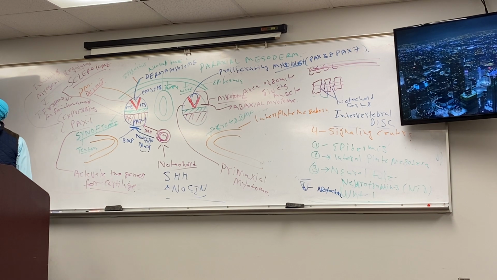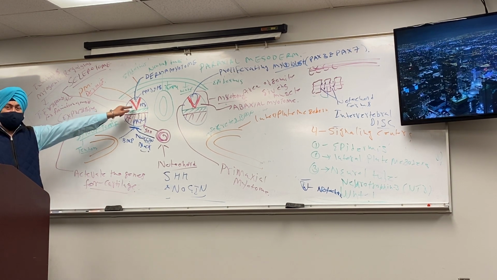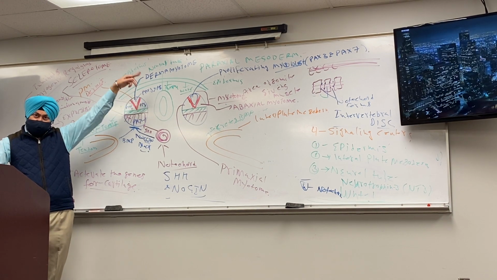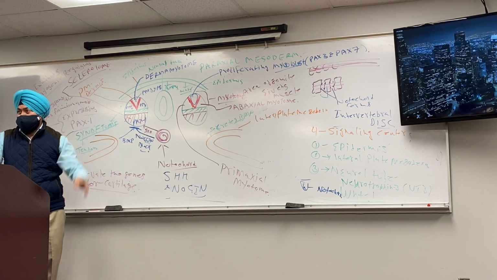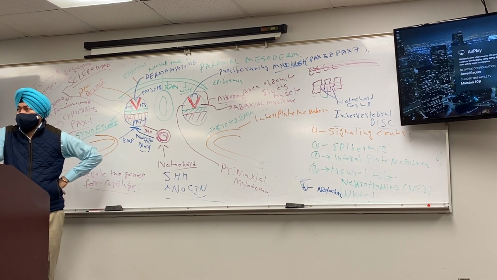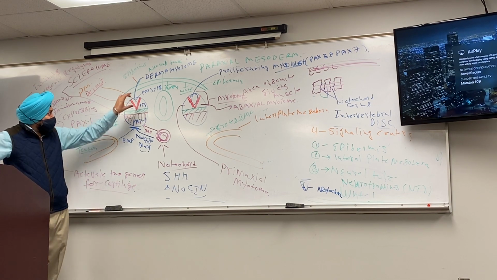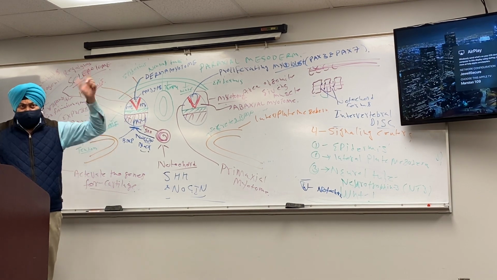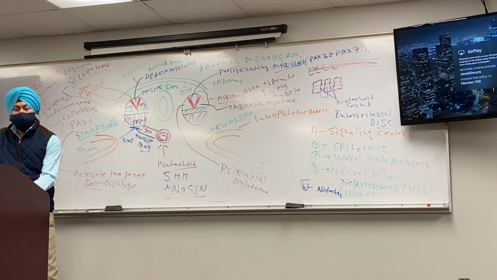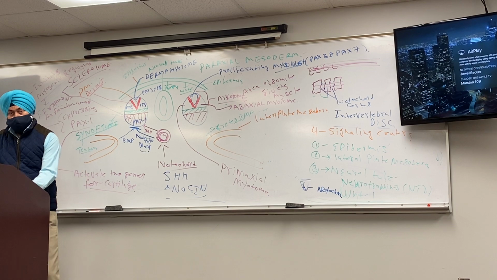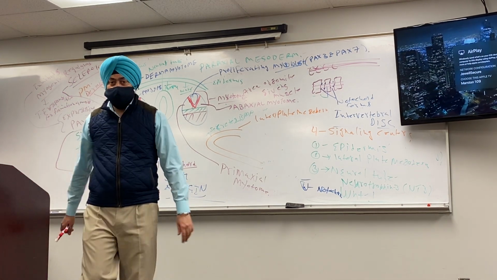So PAX1 is going to give you cartilage, PAX3 is going to give you muscle, and PAX3 and 7 together give you stem cell-like characteristics. Making sense? There's more to it, and we'll talk about those stem cell-like characteristics later. So far, any doubt here? Okay, then talk to each other, then we'll go further.